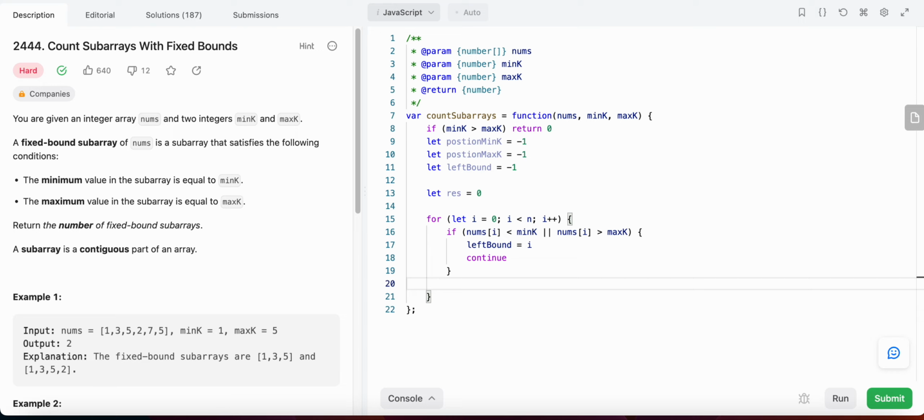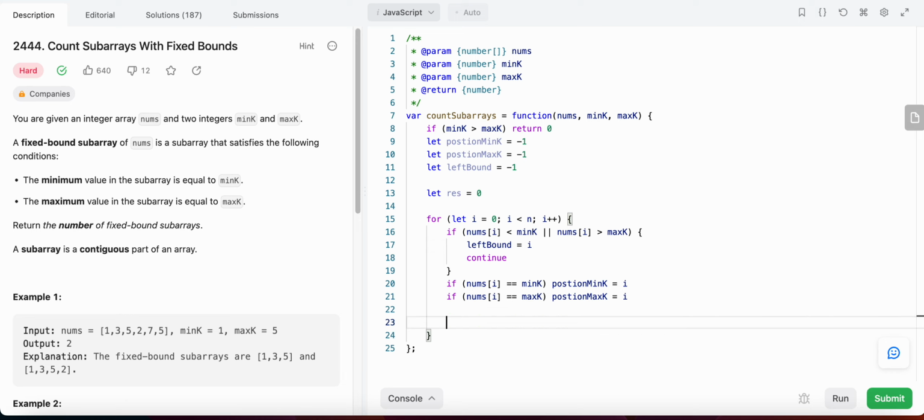If it satisfies, then we are going to check if it's equal to nums, the min or the max. If it is equal to min, then we are going to update the value of position. Okay, min position equals i. If nums i is equal to max k, then position of max k is equal to i.